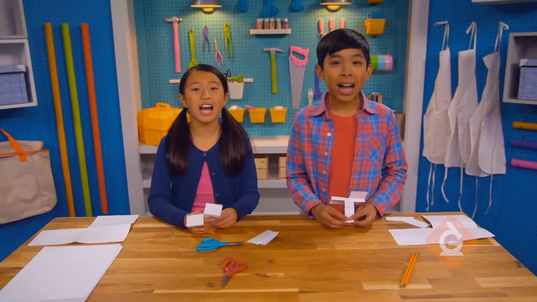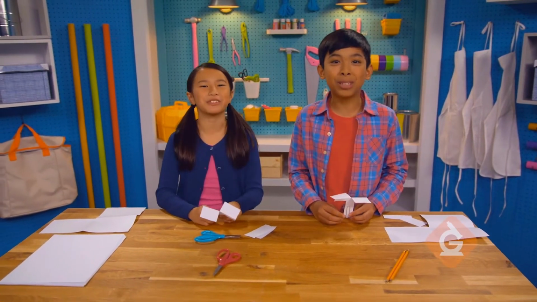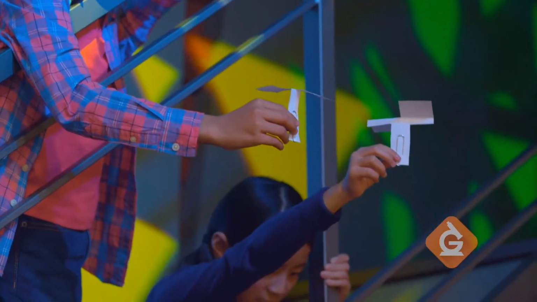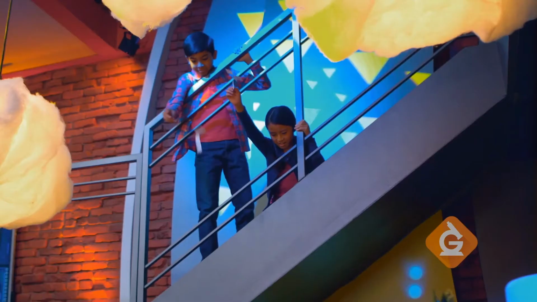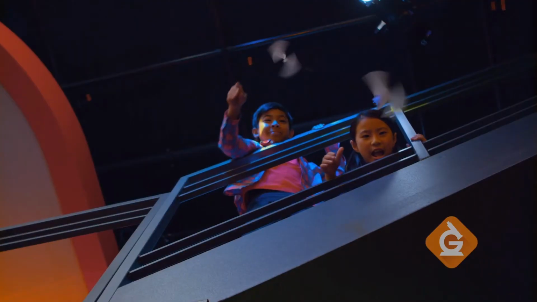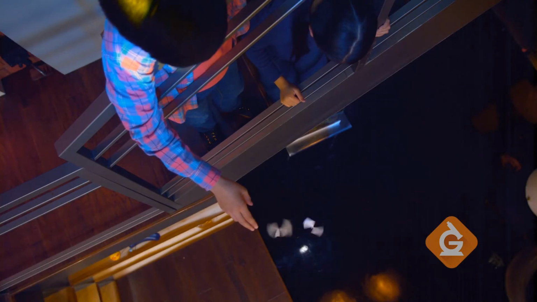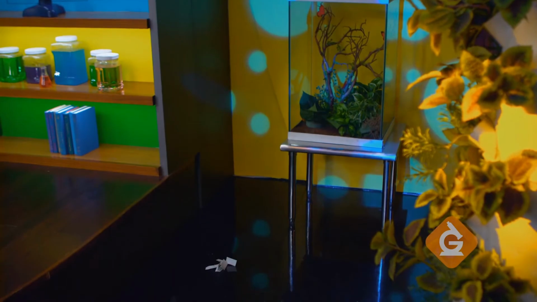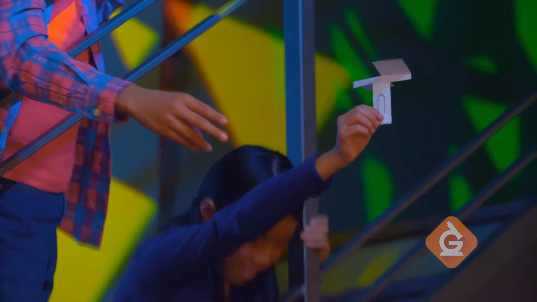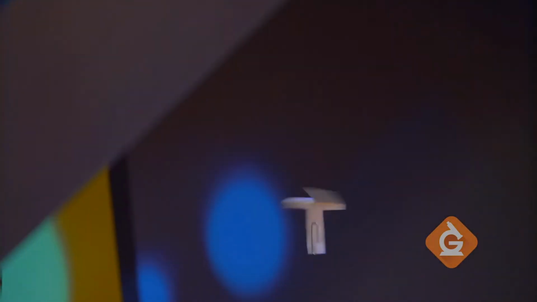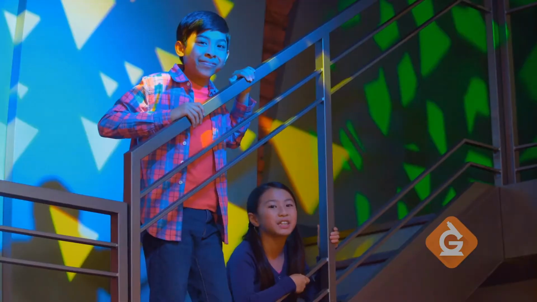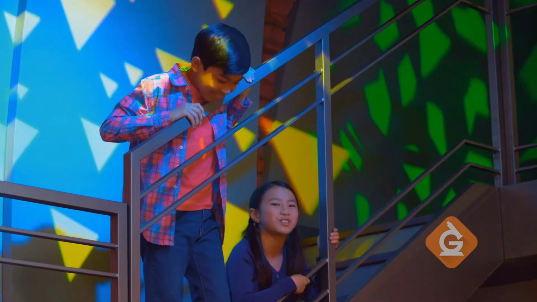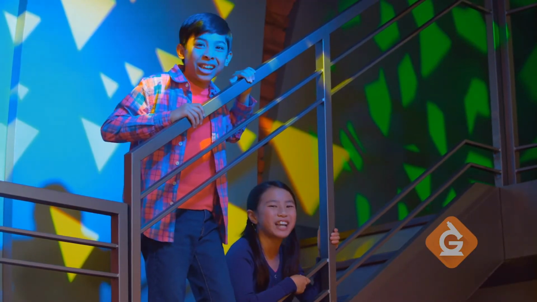And now it's time to test our model maple seeds. Awesome! Experiment with heavier paper clips and different sized paper to see which of your seeds can glide the longest and move the farthest away. Try it yourself.